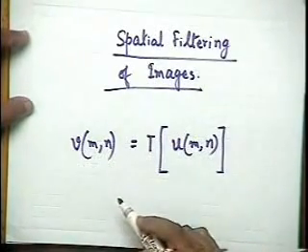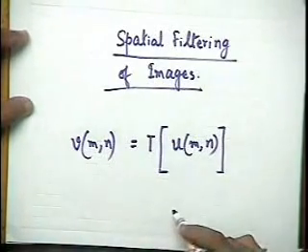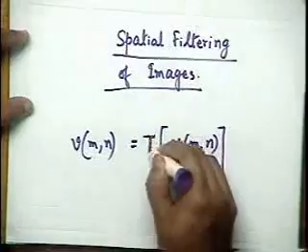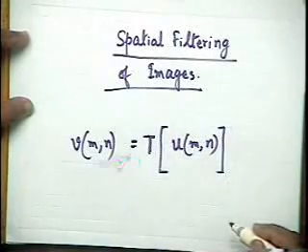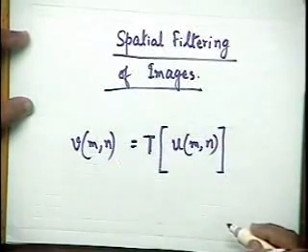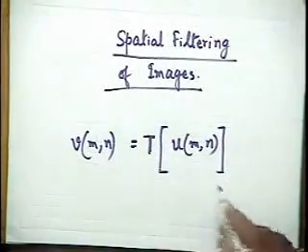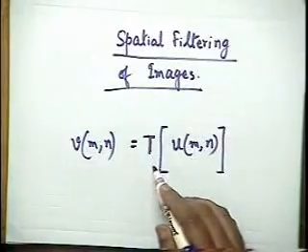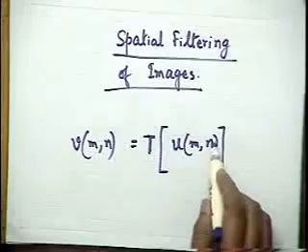In the last class, I mentioned that this transformation function T has a domain of operation, and that domain is usually a small neighborhood centered around the pixel under consideration.